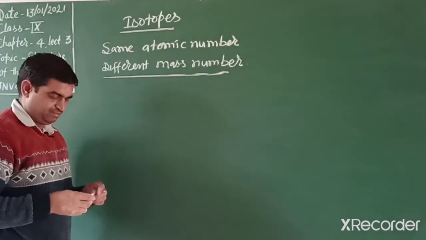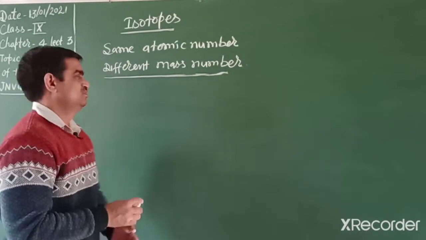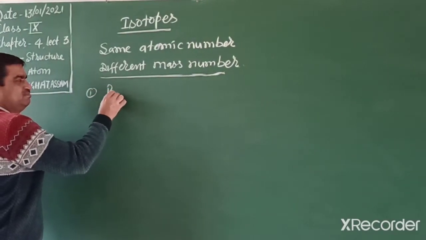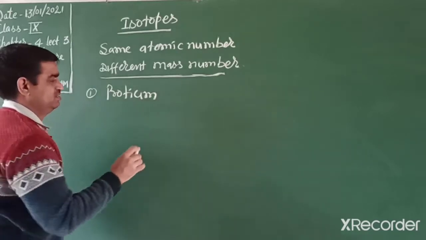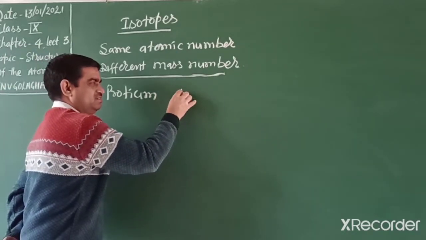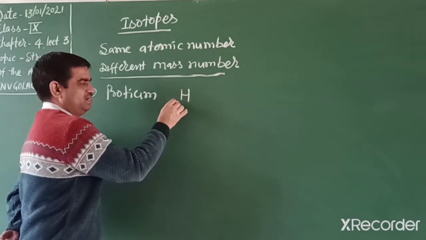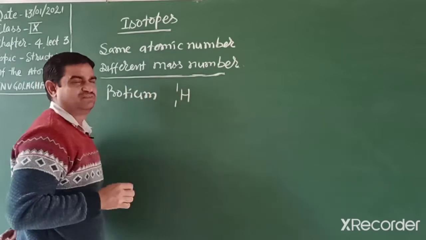For example, hydrogen has 3 isotopes. The first one is known as protium, which we can say is normal hydrogen. It is represented by H, and its atomic number is 1 and mass number is 1.